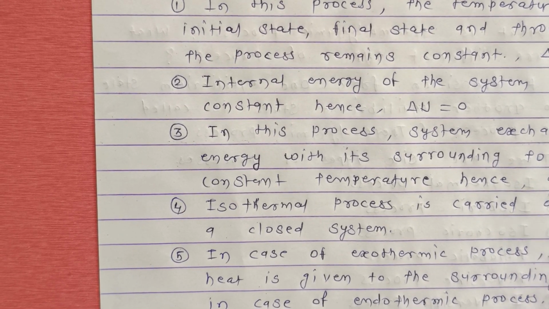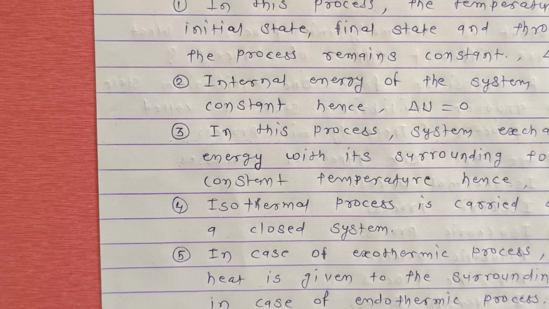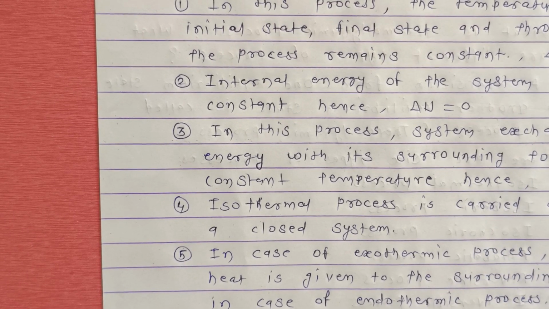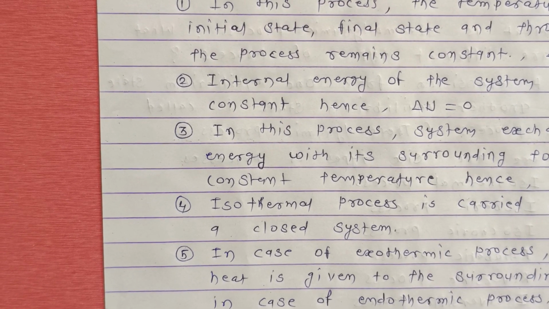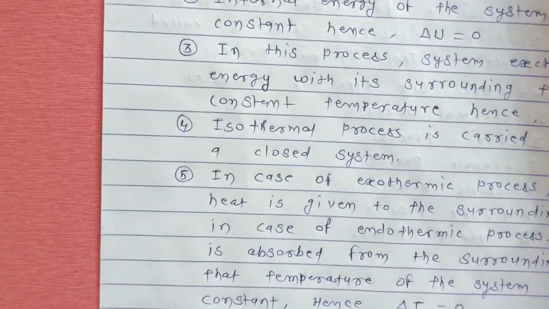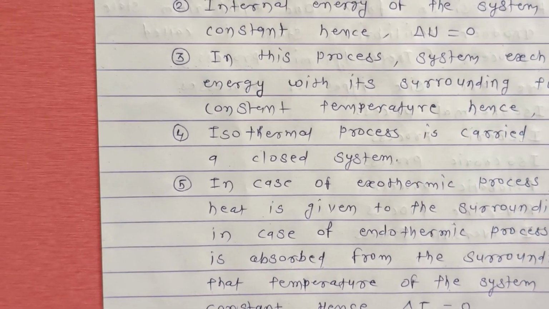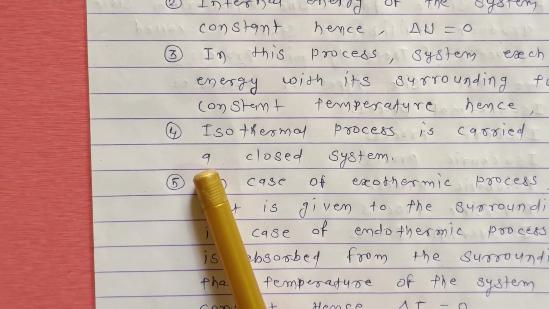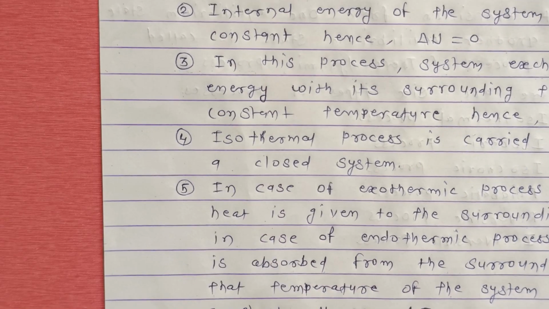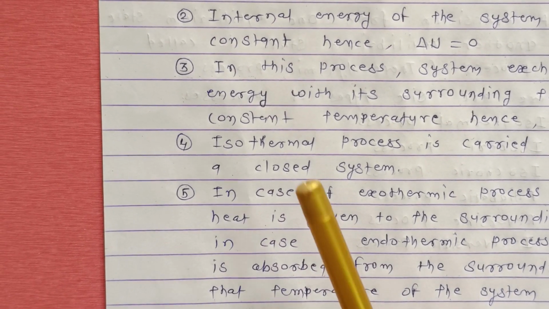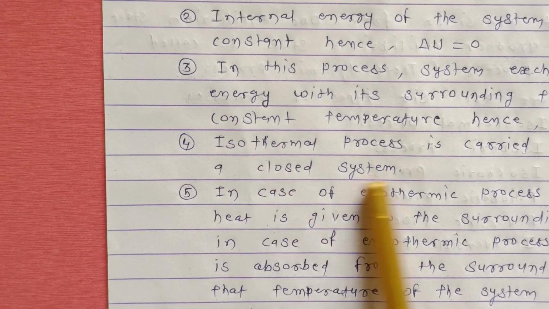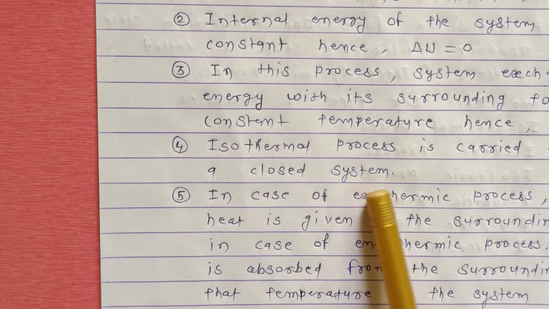Now, point number 3. In this system, the process exchanges heat energy with its surrounding to maintain the constant temperature, hence Q is not equal to 0. Just I have given that whenever the temperature is going to change, this temperature remain constant. To maintain that temperature constant, energy is exchanged, it is released into the surrounding.